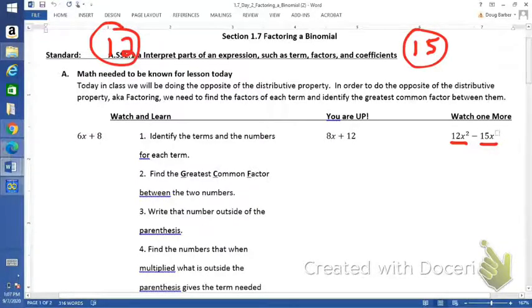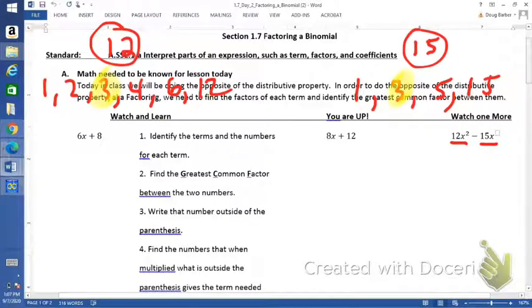From the second example, we know that the factors of 12 are 1, 2, 3, 4, 6, and 12. And then for 15, we have 1 times 15 and 3 times 5. What's the greatest common factor? It's going to be 3.